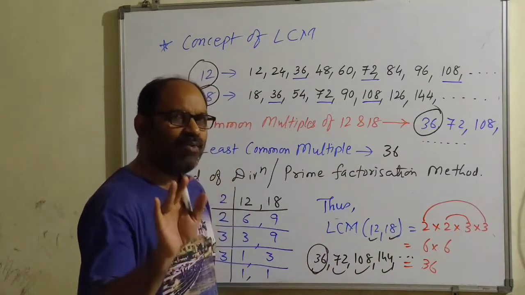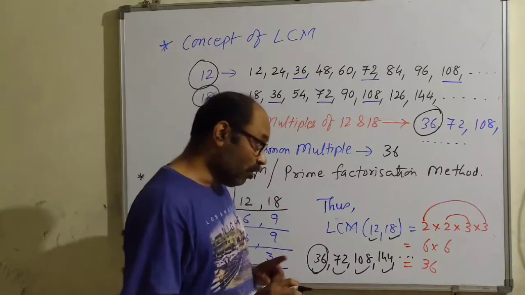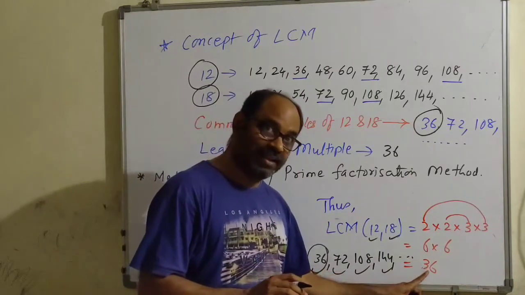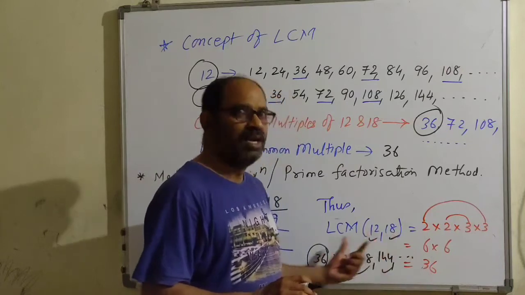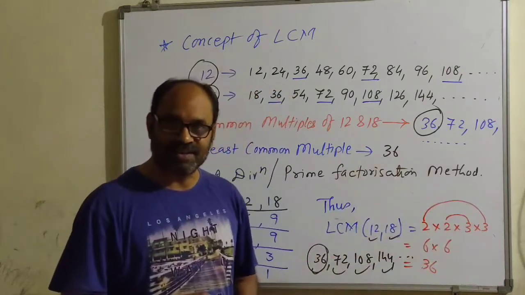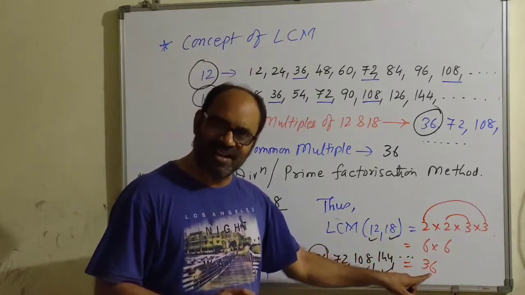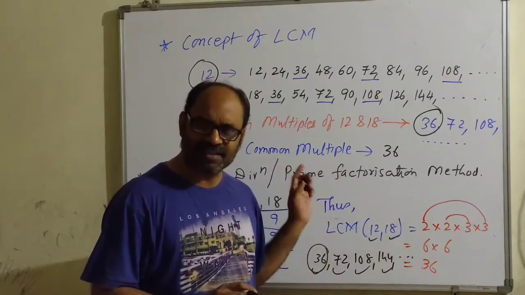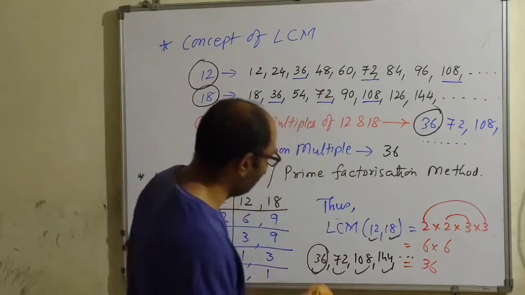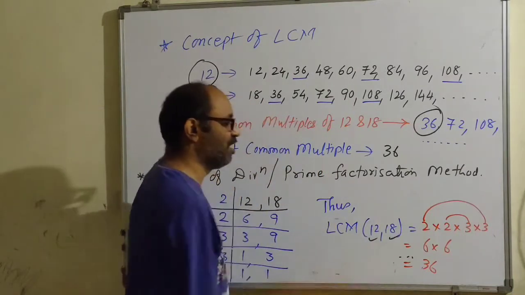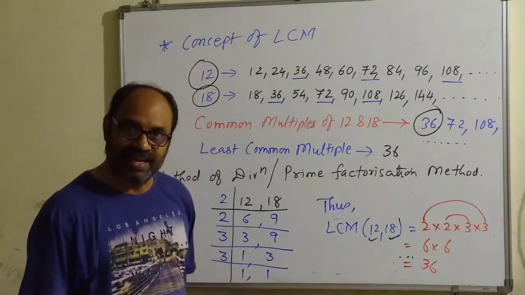Here, what I want you to notice is, once you get the least common multiple of two numbers, you can get all common multiples. Okay? Well, however, you have to find here the LCM. So the LCM is 36. Okay? So what is the LCM? 36. Of which two numbers? 12 and 18.